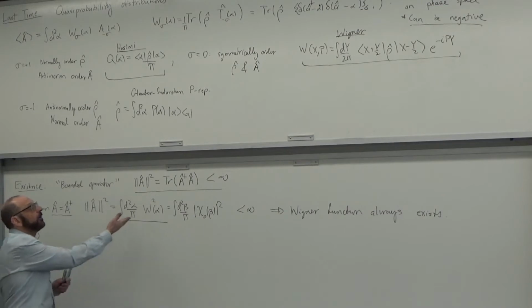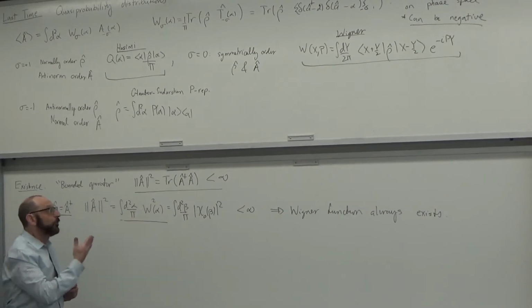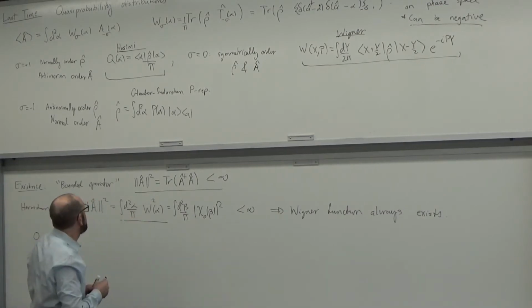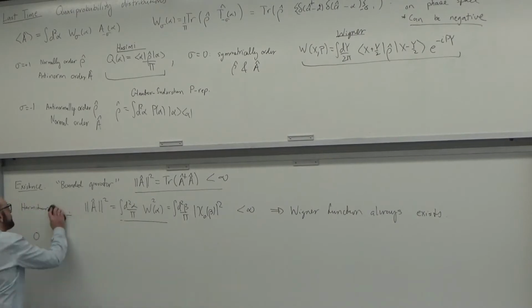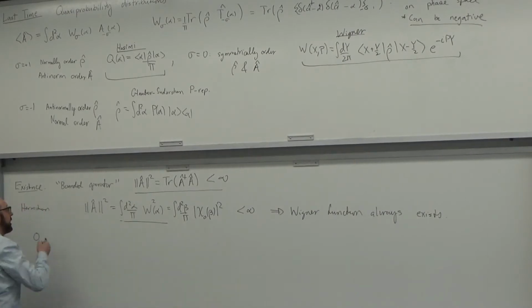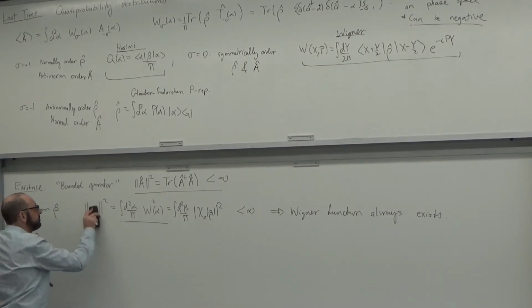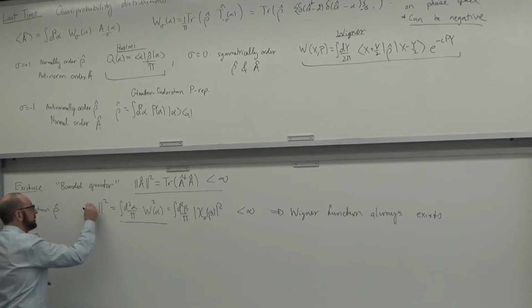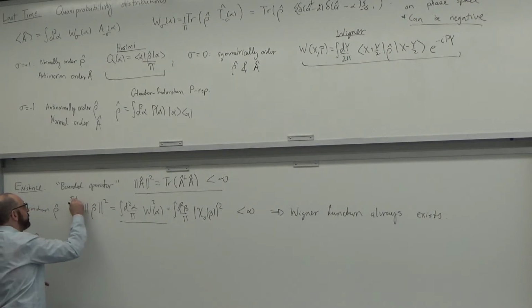And that's always going to be true for the density operator. Perhaps I should say this particularly in the case of the density operator. So this is the trace of rho squared. And that's always finite.